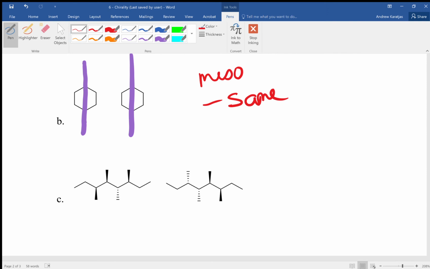All right, part C is a little bit harder to see what's going on because I've kind of rotated the molecule around to make it a little more challenging. But you can undo what I did, which would be to rotate this molecule this way.